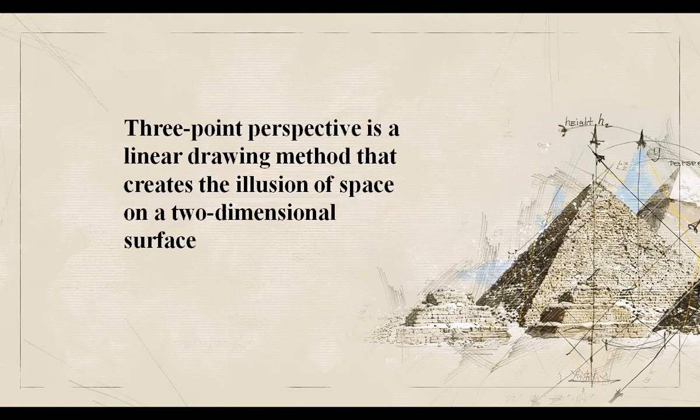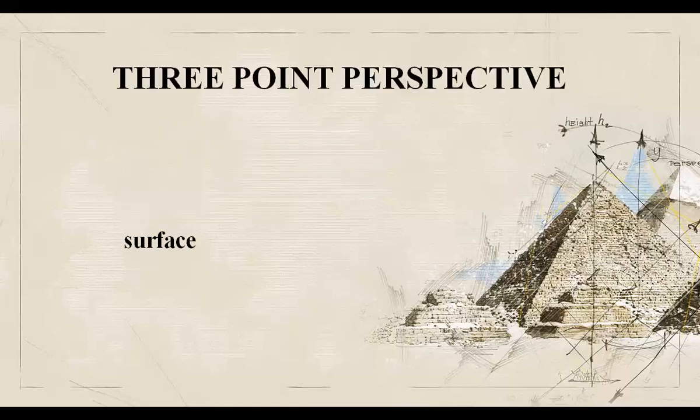Just like 1-point and 2-point perspective, the 3-point perspective is a linear drawing method that creates the illusion of space on a 2-dimensional surface. This third stage of drawing perspective is the most complex and challenging form of perspective drawing as it has 3 vanishing points.